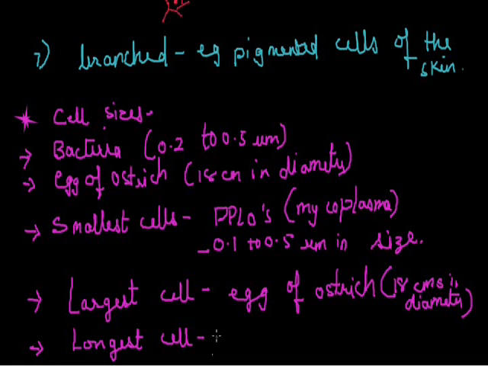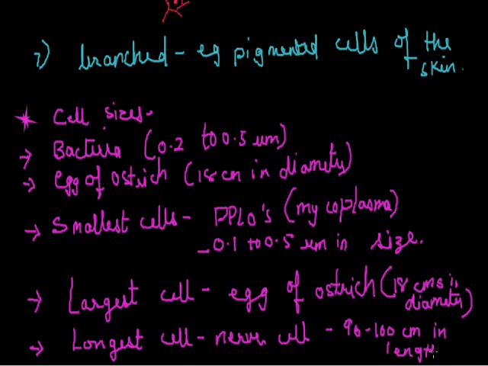The longest cell is that of the nerve cell of the human body, which may be about 90 to 100 centimeters in length, up to 1 meter in length.